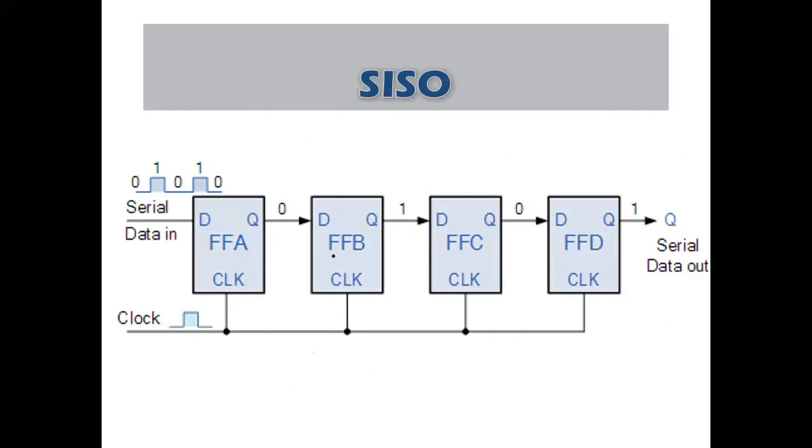I have taken four flip-flops. Which flip-flop is it? All are D flip-flops. How to connect the flip-flops? Give the serial input to the first flip-flop. The output is connected to the input of the next, and so on. Do it like this.